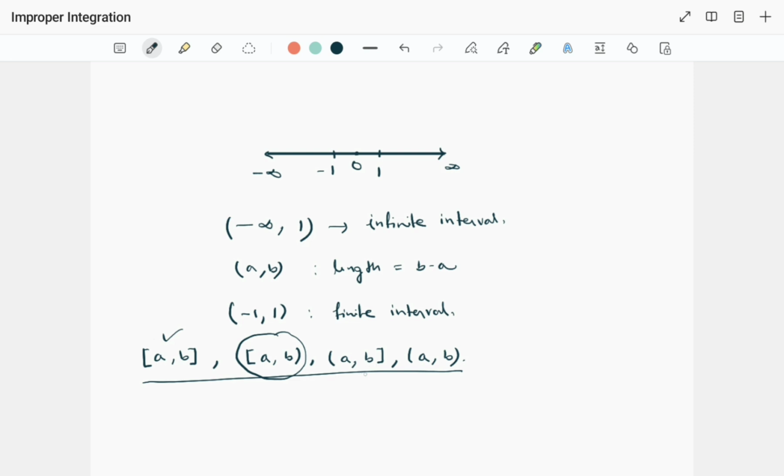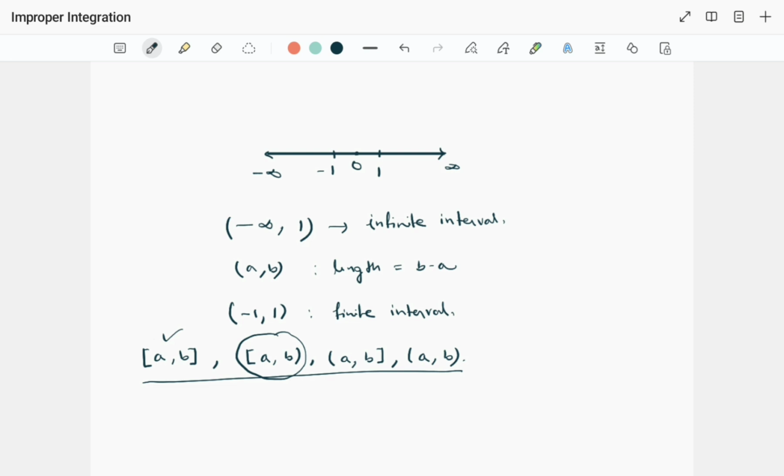Likewise, in the third interval, a is not included but b is included, and in the fourth interval, a and b are both not included. So in this fourth interval there are numbers between a and b but excluding a and b. This is an open interval. We already know about intervals; I am just repeating this as a recap.